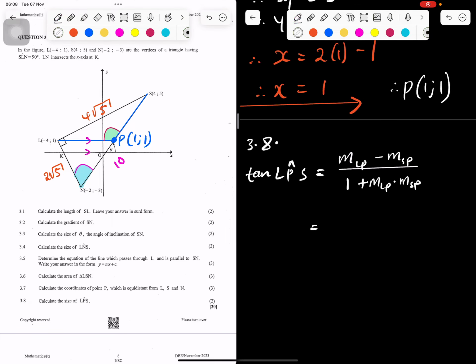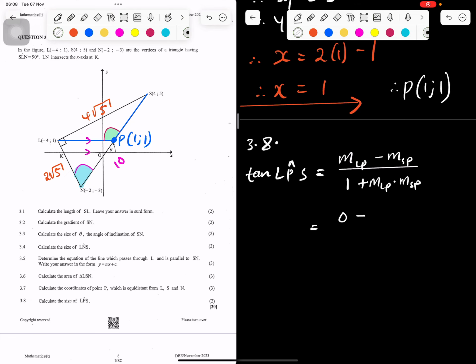So this is going to be 0 minus the gradient of SP. The gradient of SP is the same as the gradient of SN, because they lie on the same line, so they are collinear.